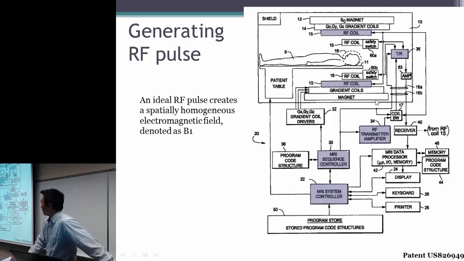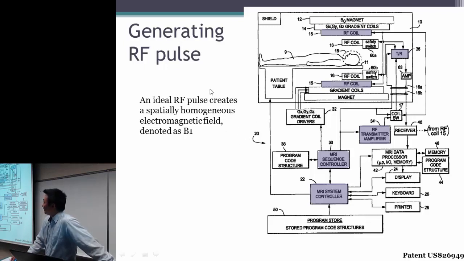Using the RF transmitter amplifier, it will output the RF pulse, and when the RF coil receives the current generated from the amplifier, it will give out a series of RF pulses with the timestamp and strength as indicated.